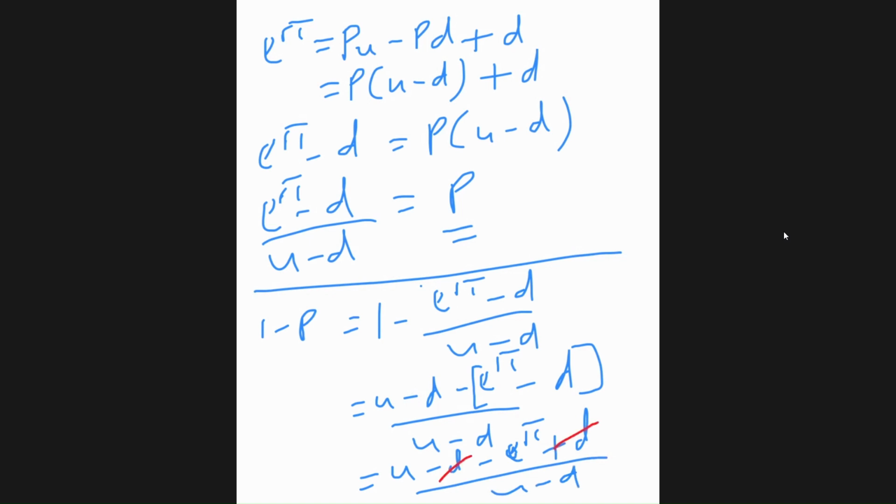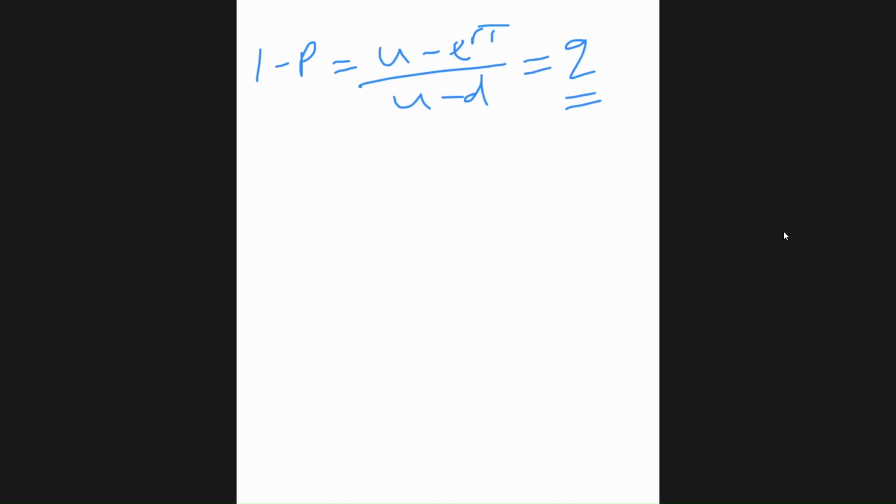So we're going to have 1 minus P equal to U minus exponential RT over U minus D. That is the value which in some quarters we represent with Q, the probability in the binomial model that the price will go down.